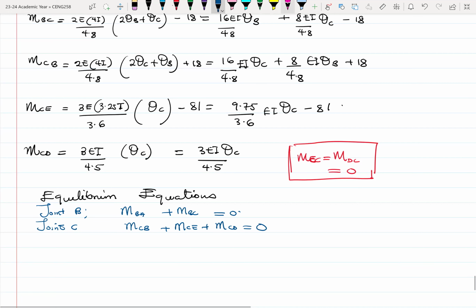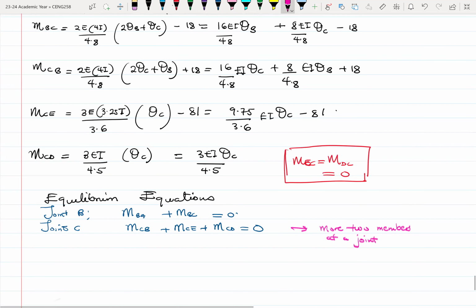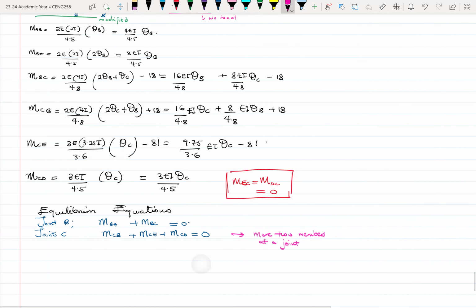Here is a typical example of more than 2 members at a joint. You would experience this when dealing with frames. For beams, typically you have only two members at a joint, but for frames it could be 3, 4, 5, or as many as we want. So these are the equilibrium equations.